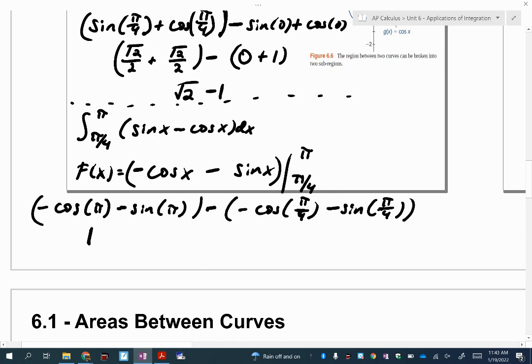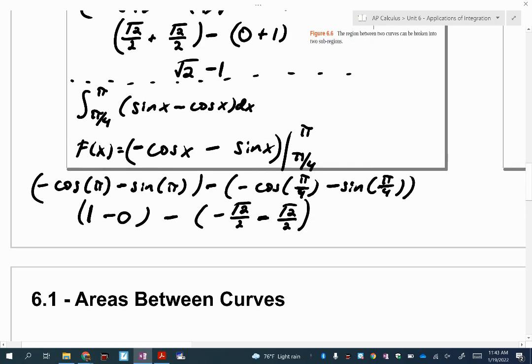Sine of pi is going to be 0, so that's just going to be 1, minus, both of those are going to be the square root of 2 over 2, but we have negative square root of 2 over 2 minus square root of 2 over 2. So that's going to be negative square root of 2, so this becomes 1 minus negative square root of 2, which is the same as 1 plus the square root of 2.